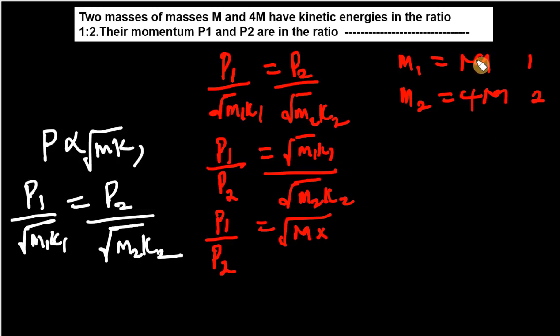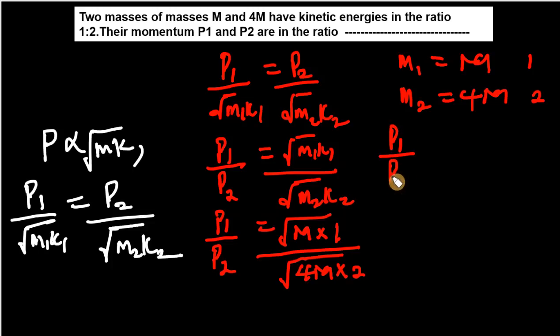So this is 1 upon root, m2 is 4m times 2. So that we have P1 upon P2 equals root of 1 times m over root 8m.